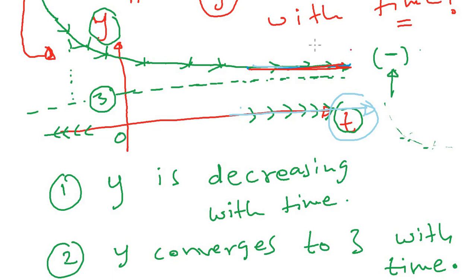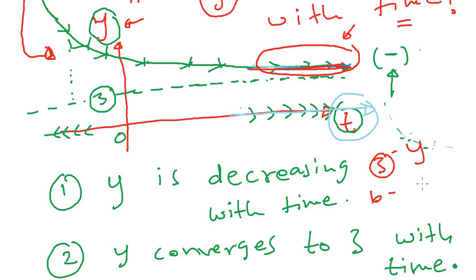It is decreasing very, very slowly. In this region, y is almost stable. That is why we can also conclude y becomes stable with time. As more time passes, y becomes stable. These are the conclusions we can draw from the solution, from this graph.